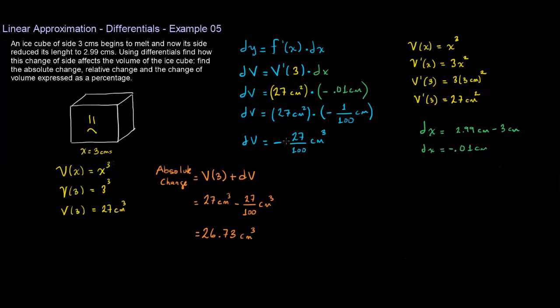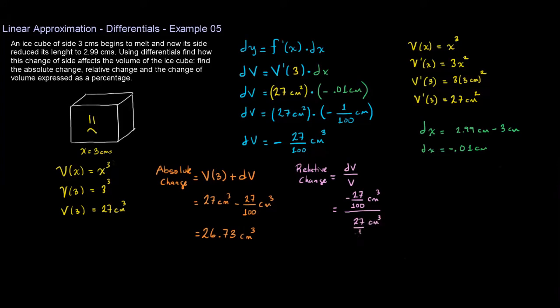Now let's get to the relative change. Here in pink would be the relative change, and this is a relationship. We can see how much this dV represents of the total volume. So let's write it down. The dV is negative 27 over 100 centimeters cubed, over the volume, which is 27 centimeters cubed.